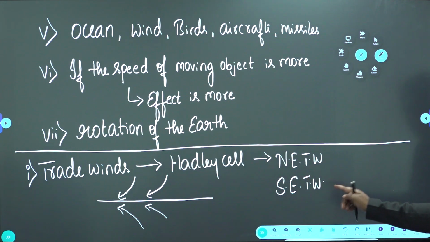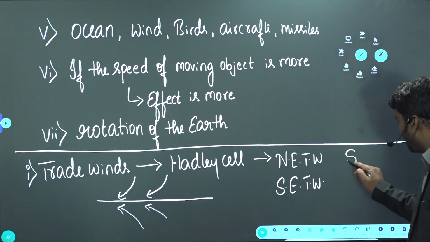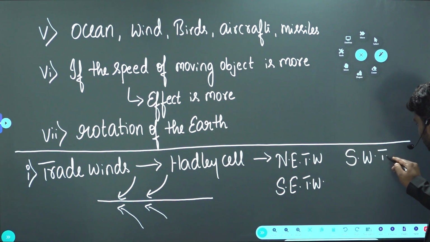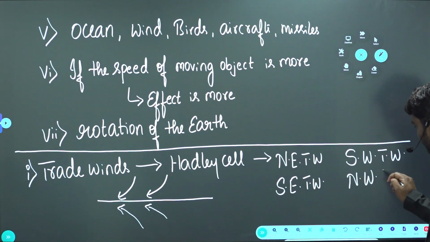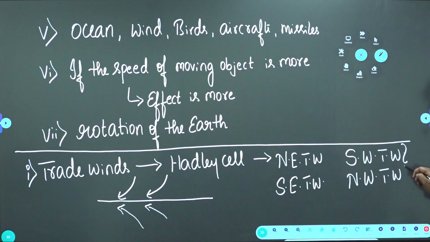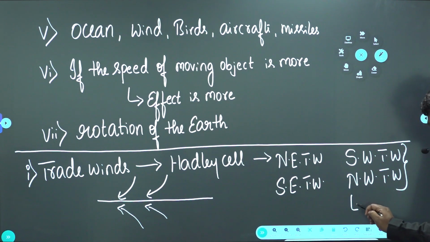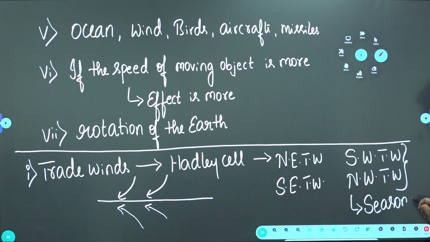You got this? So what are the other winds that you have? Southwest trade winds, northwest trade winds. These two winds are called what? Seasonal winds.